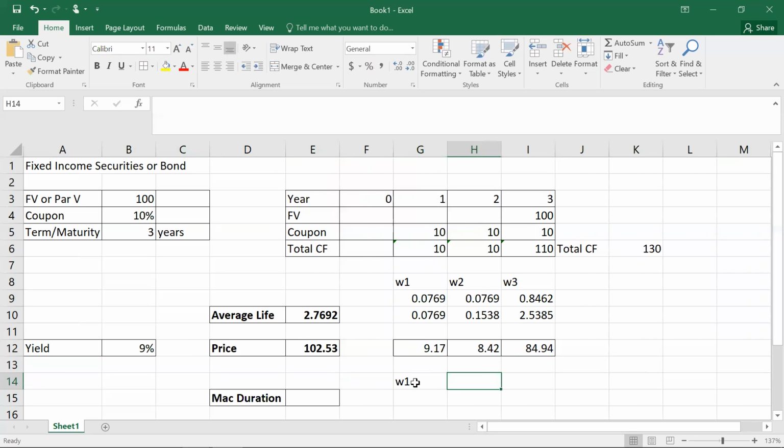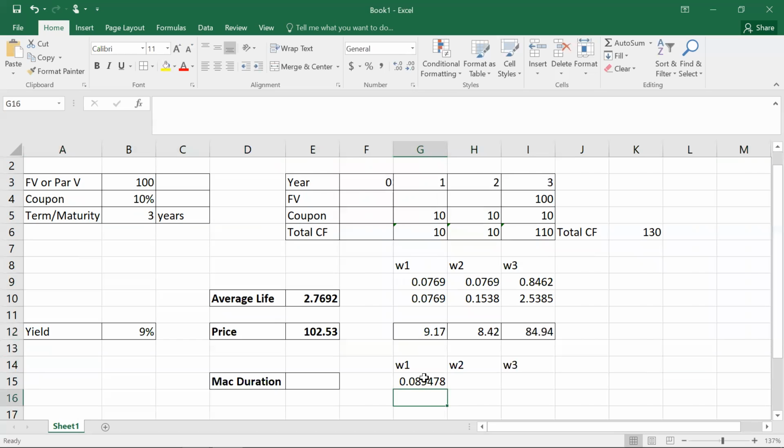The weights will be the present value of the cash flows. Weight 2, weight 3. So what will be the weight? Weight will be the present value of these cash flows divided by the total value of the bond. Okay, again I will drag it.